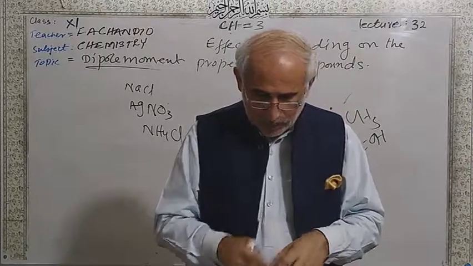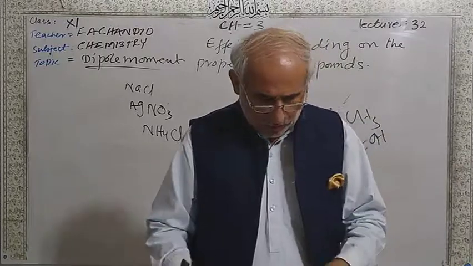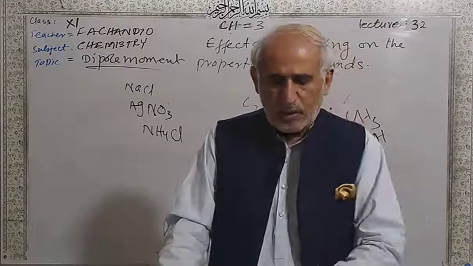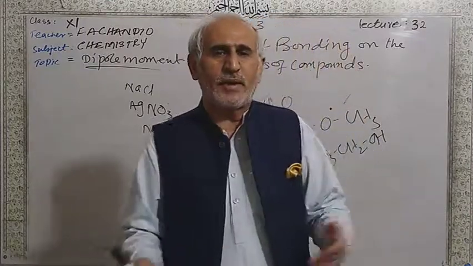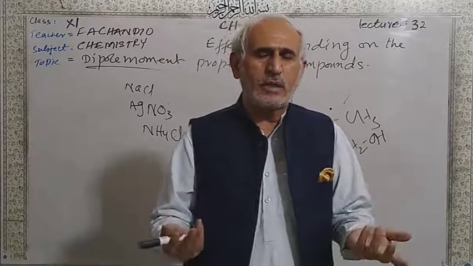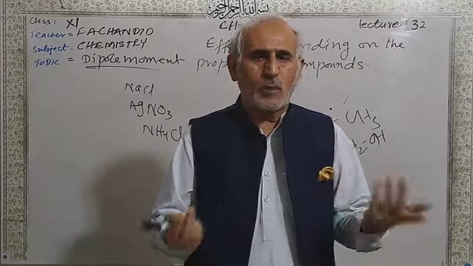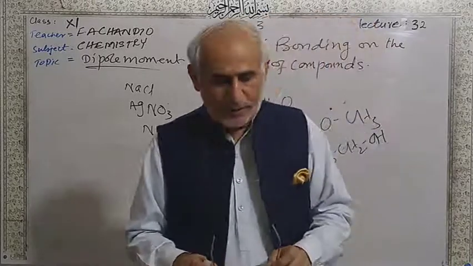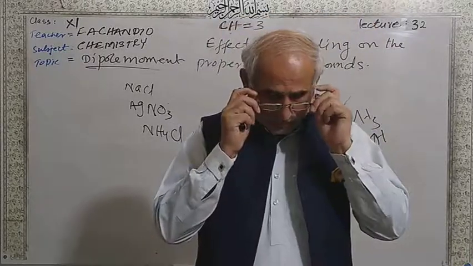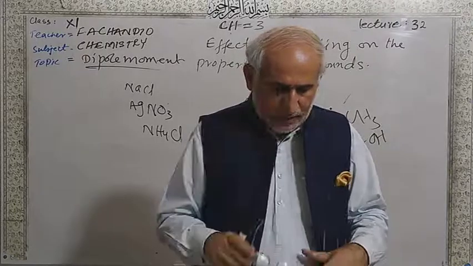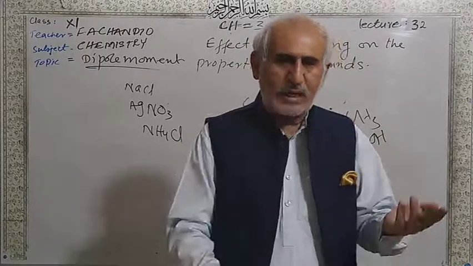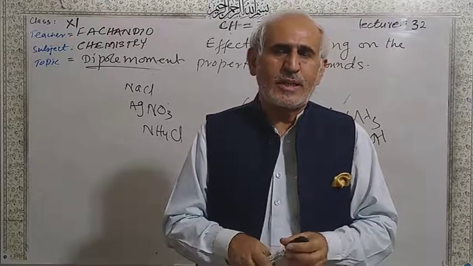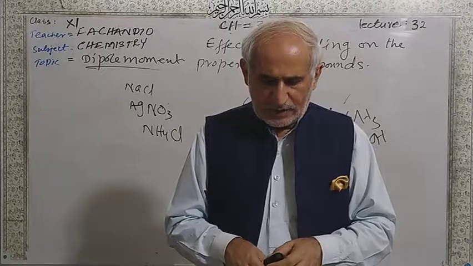That's why there is a special network in covalent solids, which are very hard and heavy with high melting and boiling points. Students, here is the difference: metallic solids form by interaction of metal with metal, only silver, only iron, only copper. This special kind of force of attraction is called metallic solid. But molecular solids form by van der Waals forces, very weak forces, so the melting and boiling points are very low.